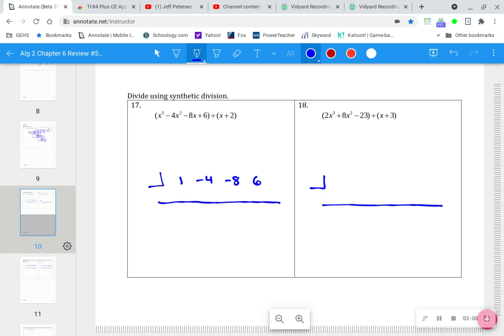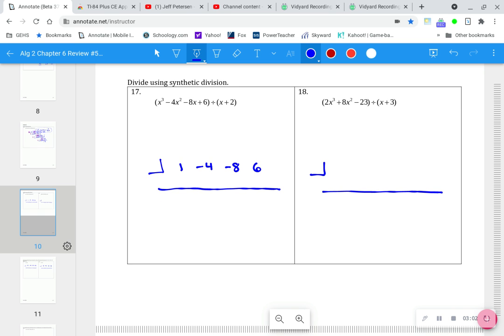Okay, on this next one here, we're supposed to divide using synthetic division. You take your divisor, set it equal to 0, and then that tells you x has to be negative 2. First number copies, multiply by that negative 2. Add those, multiply by the negative 2. Add those, multiply by negative 2.